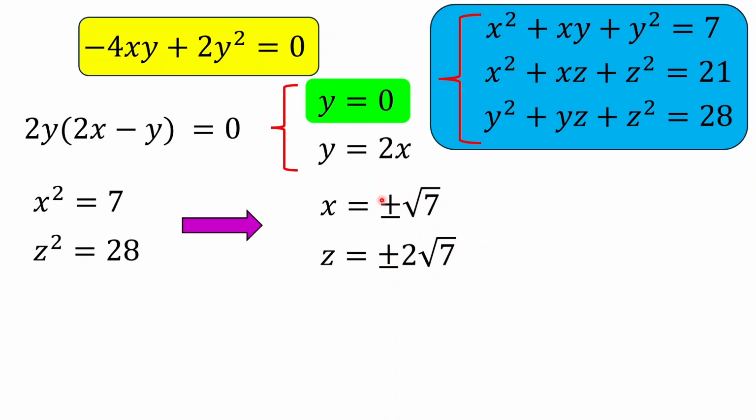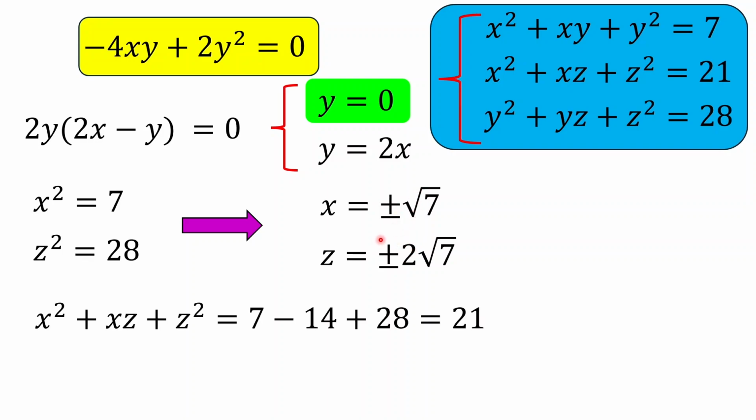Now we don't know if all of these solutions are acceptable or not. We are going to place it into the second equation. So we notice that the second equation is equal to 21. So z² is 28, x² is 7. So if x times z is also a positive number, then the second equation will not be valid. So x times z should be a negative number.